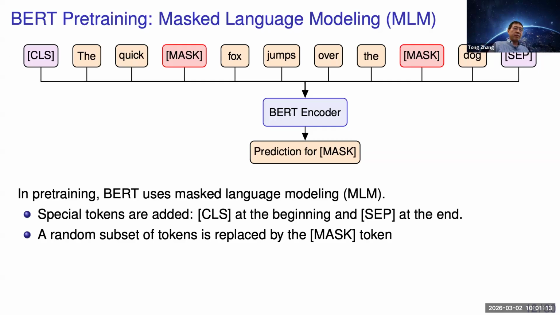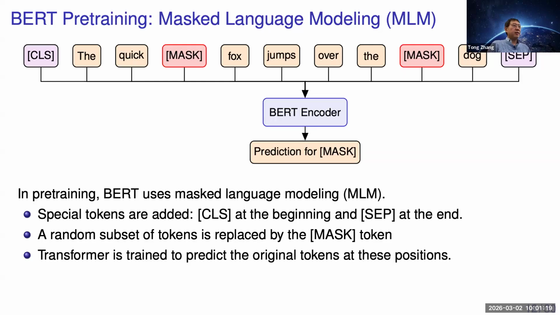A random subset is replaced by mask, so it's like you're adding noise, where the noise is flipping to mask. Then the transformer is trained to predict the original tokens at these positions. That's all it is, because in a transformer each token is aligned, so in the end you can just output the logits for each position.